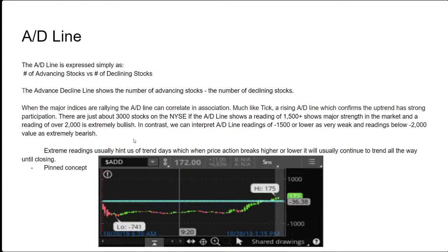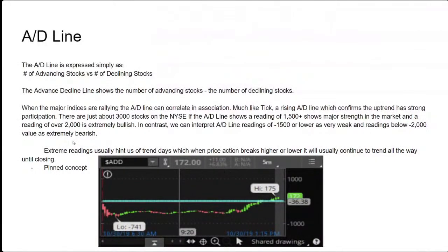So, going back to the point, if we have something where it's negative 1,000, negative 1,500 or lower, that's a pretty weak indication. It shows a lot of weakness in the market, and something below negative 2,000 shows that there's a lot of real selling.